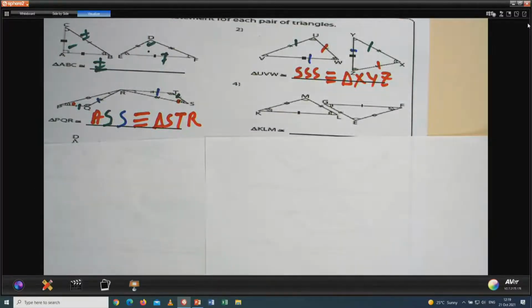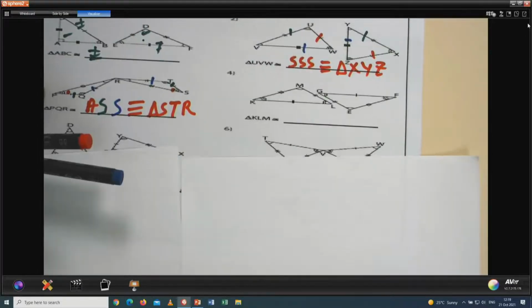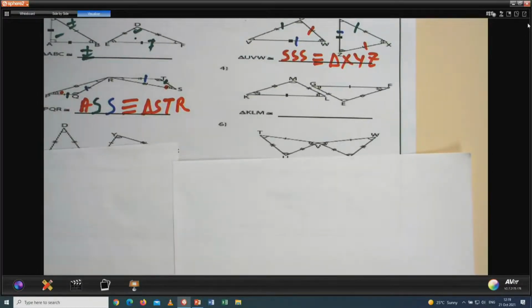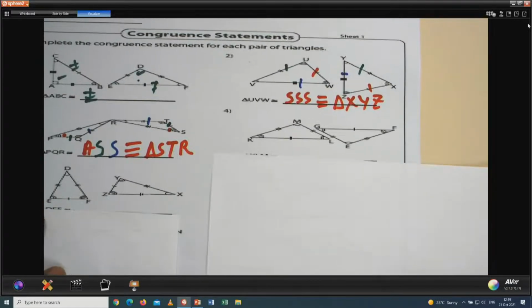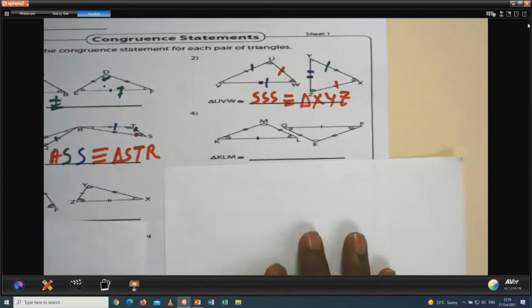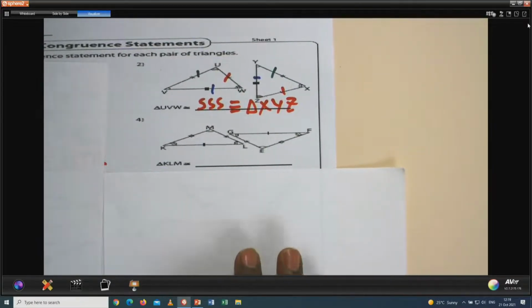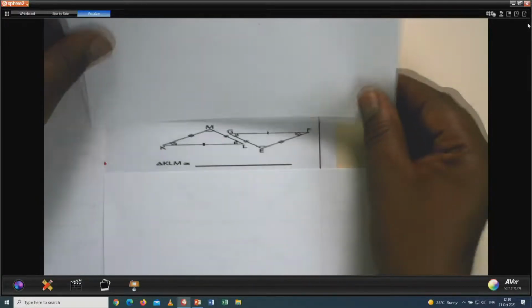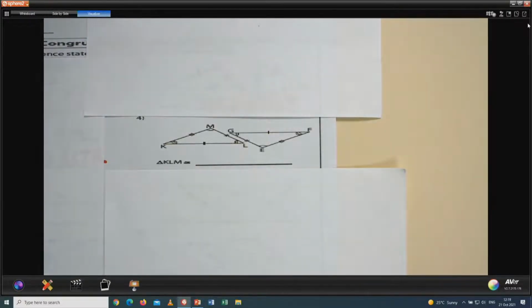That corresponding order, you'll see it later, especially with similarity. Right? What about this one? What about that one? Okay. I'm trying to reduce your distraction by hiding other questions so that we can focus on what we are working on. Right.